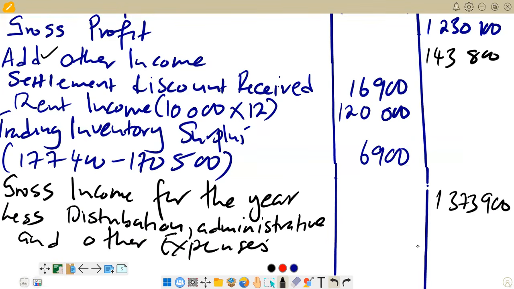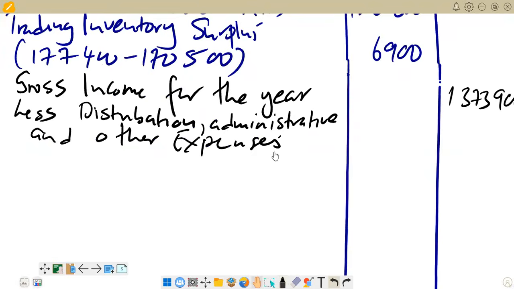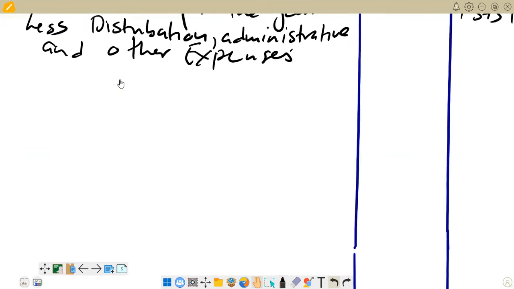What we are going to do is list these expenses beneath that heading, and then the total will come in line with this description of distribution, administrative, and other expenses.